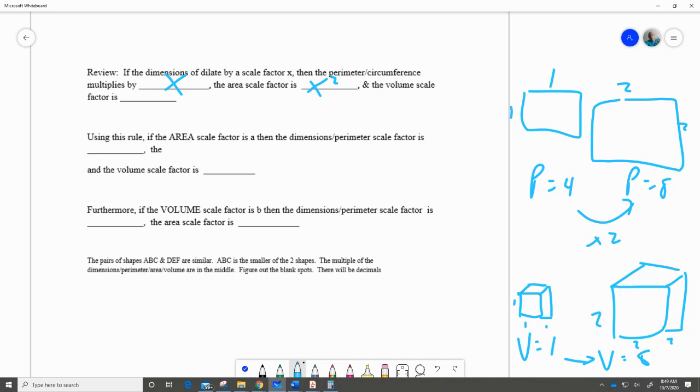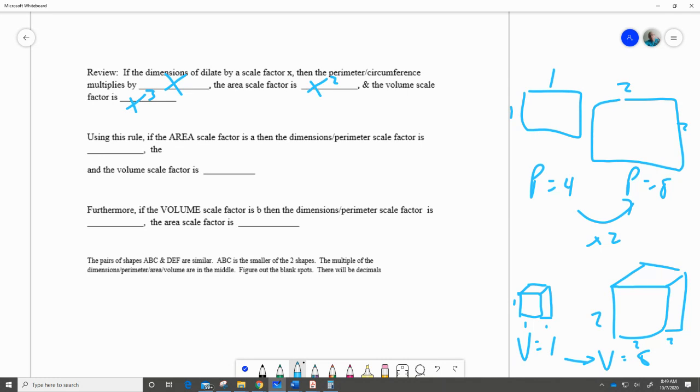So it multiplies by 8, which is our scale factor to the 3rd power. So whatever the scale factor is, the volume will multiply by the scale factor to the 3rd power. I'm going to look at a couple example problems below before I have you do the 3 on the back.